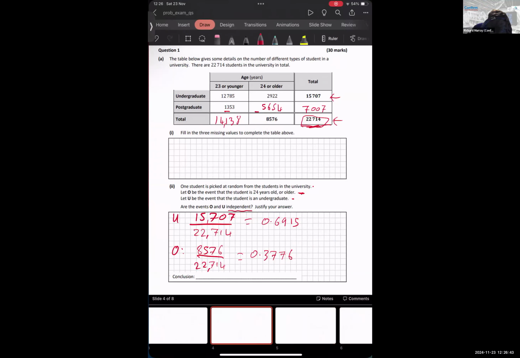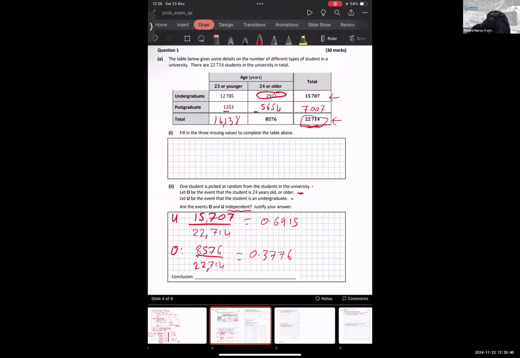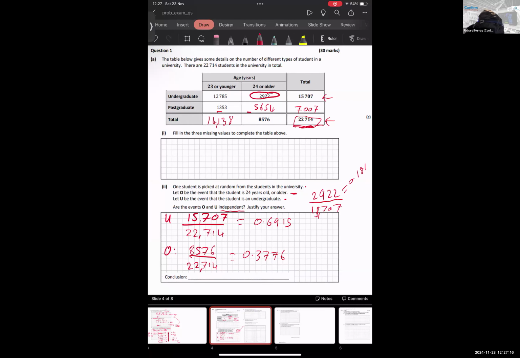So we have a count for the number of our undergraduate students who are over 24. So we'd say 2922 over, sorry, over 15707. So the probability that they are over 24 and an undergraduate student, so that is 2922 over 15707, is equal to 0.186.